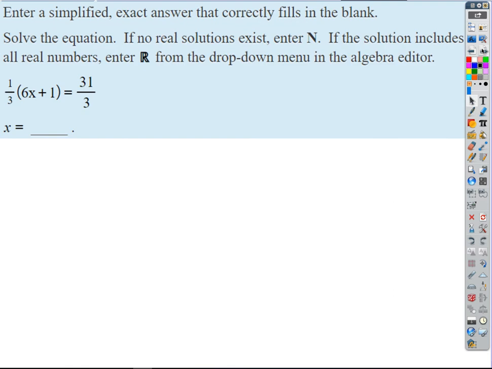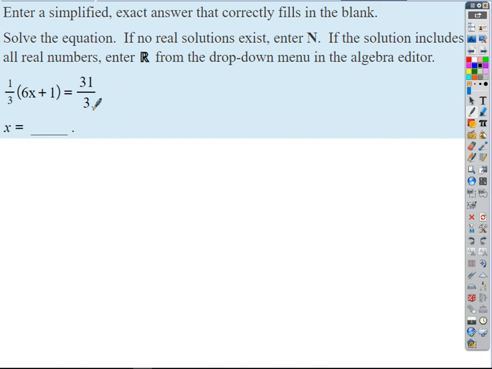All right, solve the equation. Okay, so there's a bunch of ways to think about this. And there's just a million different routes you can take. Let's just think about this the way we've talked about it, the way that seems simple. So we talked about this as clearing fractions, right? I could undo multiplying by 1/3 by multiplying by 3.